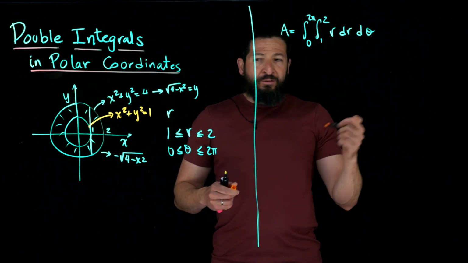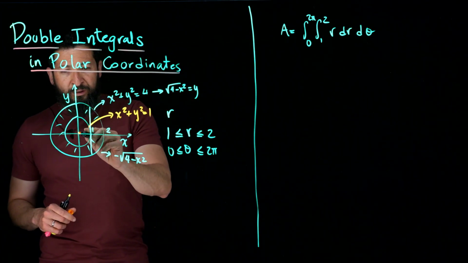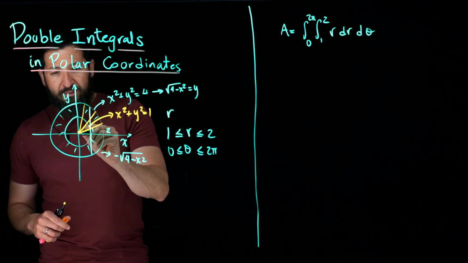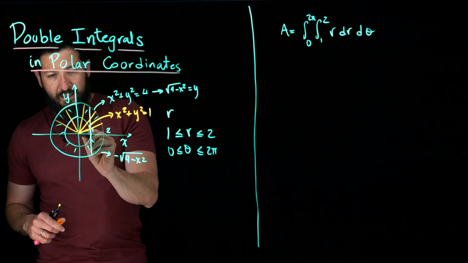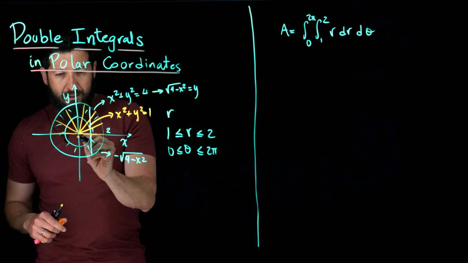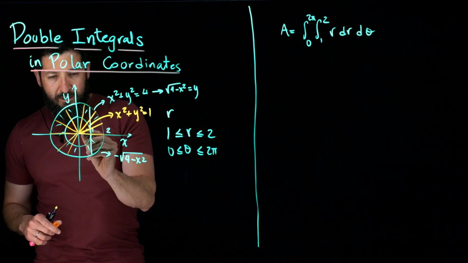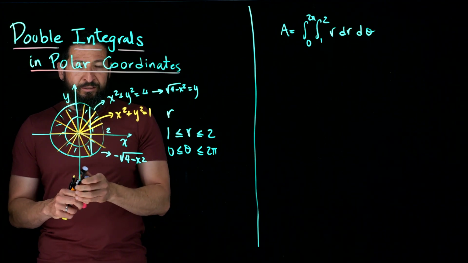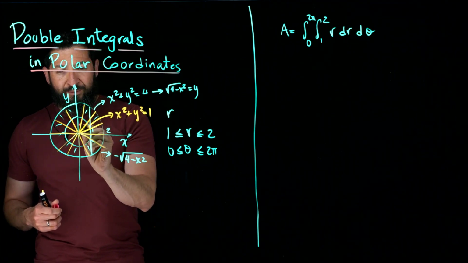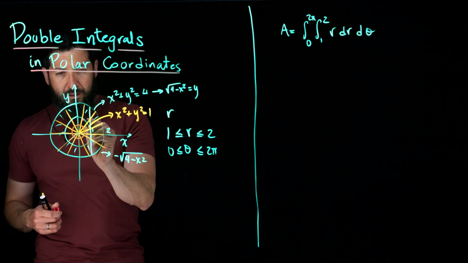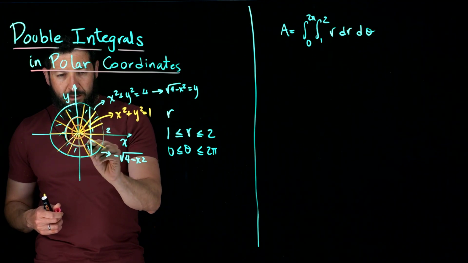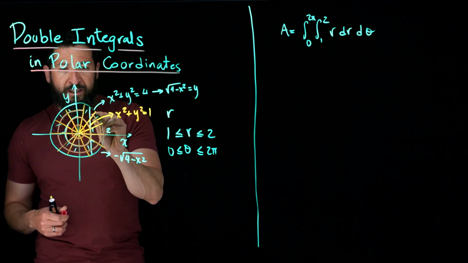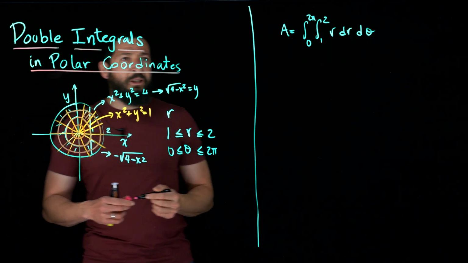It turns out that if you partition this, now you have to partition it into different segments of angles, and then you have to partition it in terms of different partitions of the radius. And each one of your differentials of area would be one of these things over here.